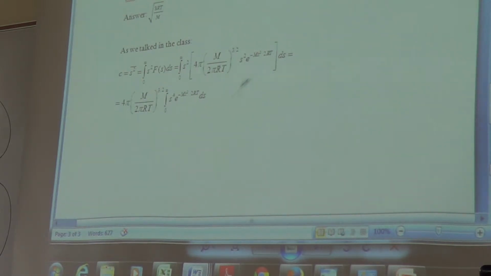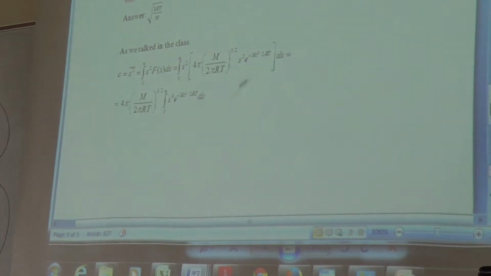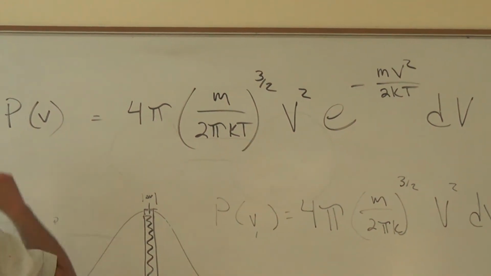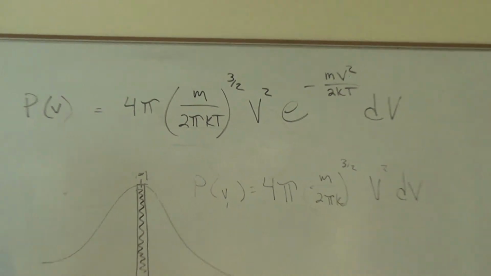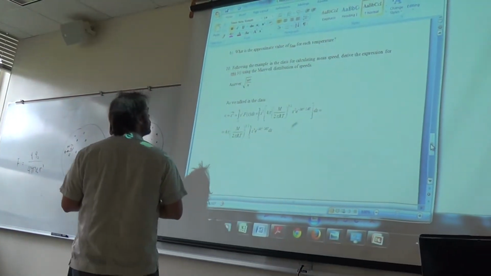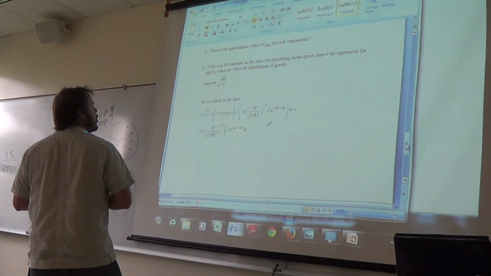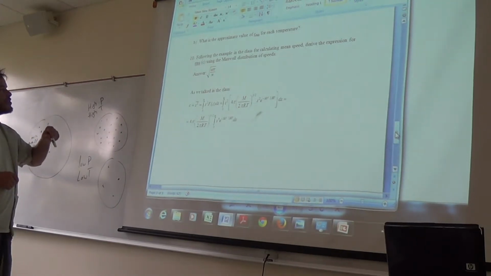So for this guy, we're taking our probability, which has a term of v squared e to the negative mv squared over RT dv, multiplying it by the value, which is just v, and so... sorry, I didn't read the problem closely enough.